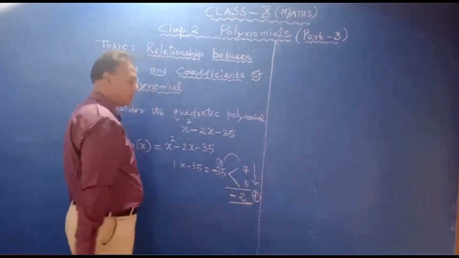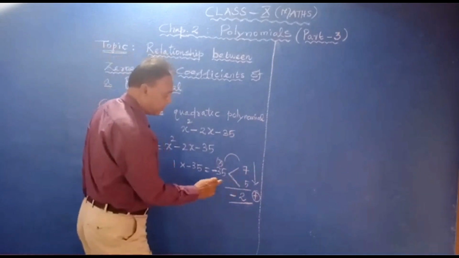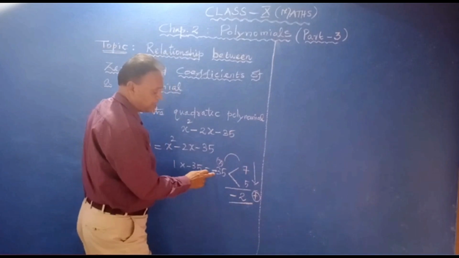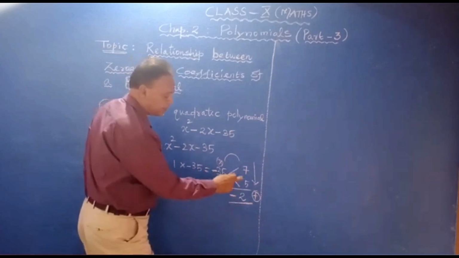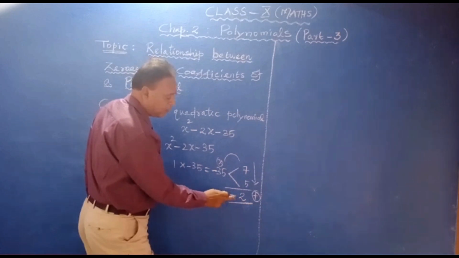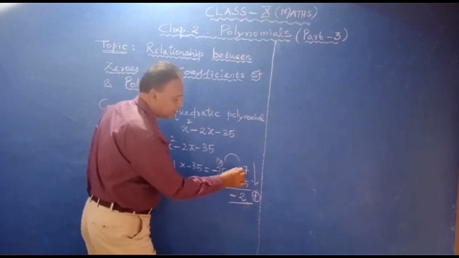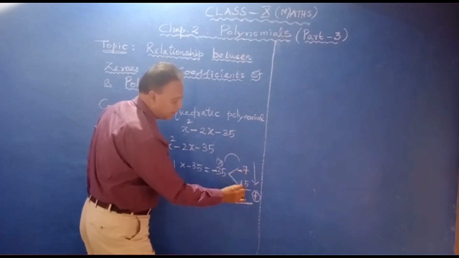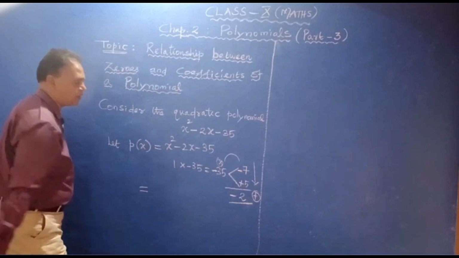But here minus 35 is there, and the sum must be minus 2. So the biggest number gets the minus sign: the biggest number is 7, so write minus 7 and plus 5. Clear?